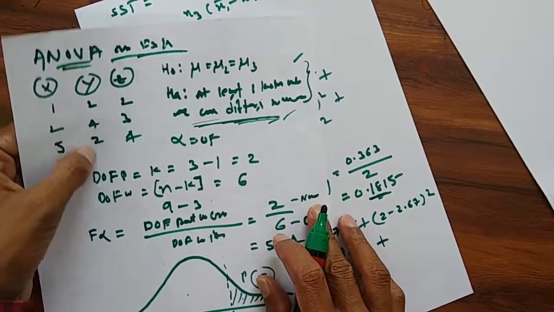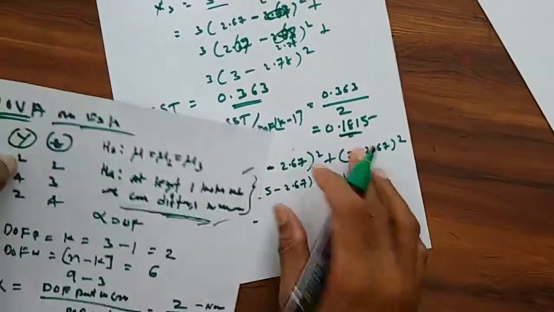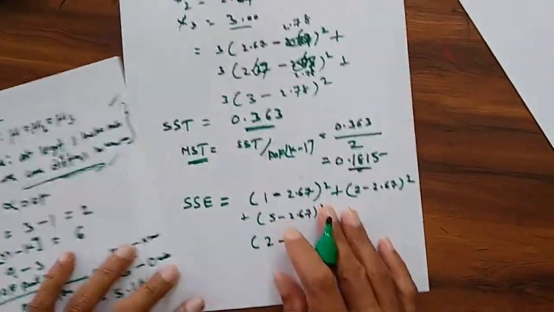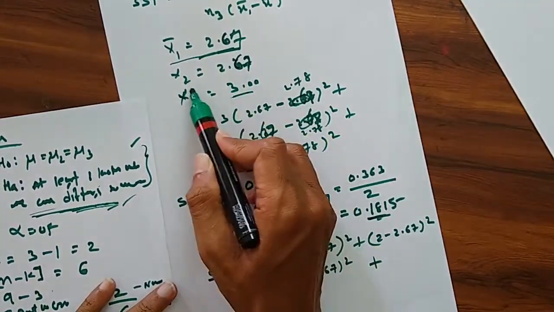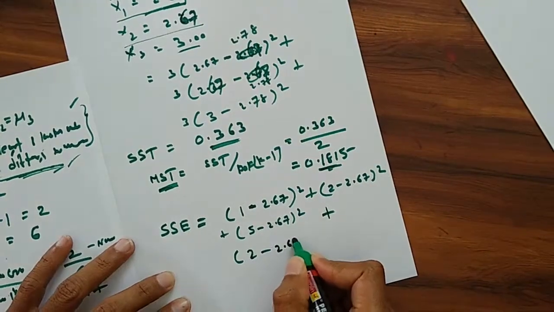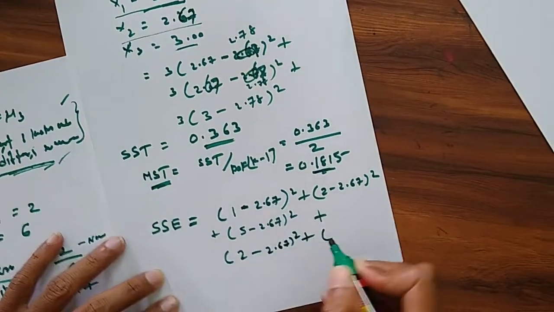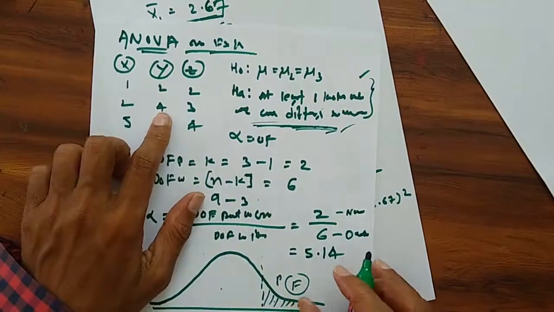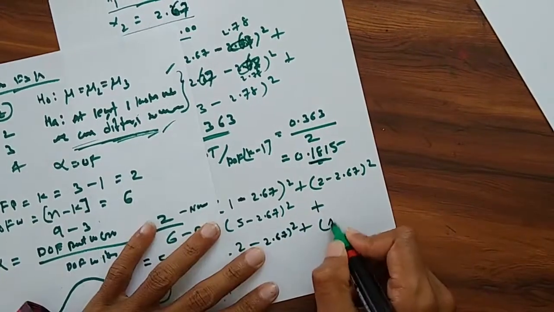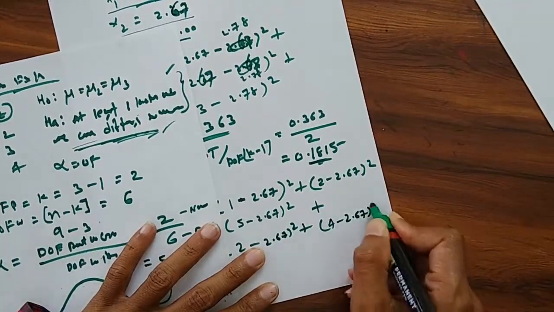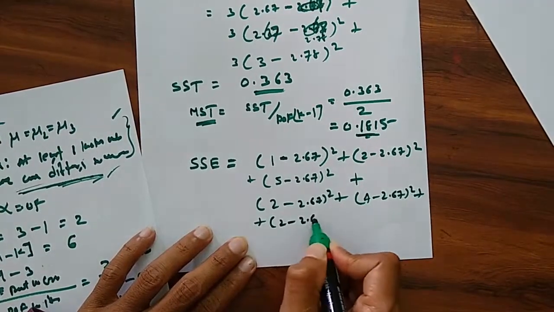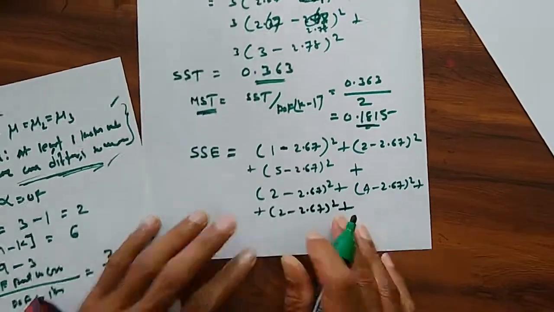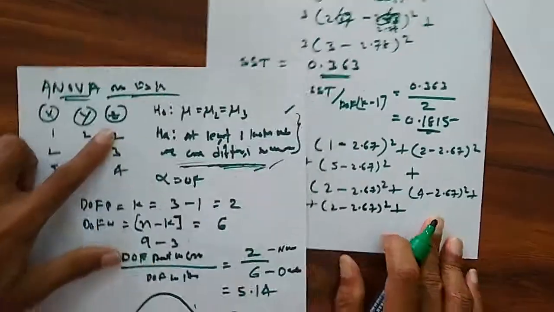Now we are moving to the second sample. In the second sample, the first element is 2 minus the second sample mean 2.67 whole square, plus the second number, 4 minus 2.67 whole square, plus the third element, again minus 2.67 whole square. Now we are moving to the third sample.